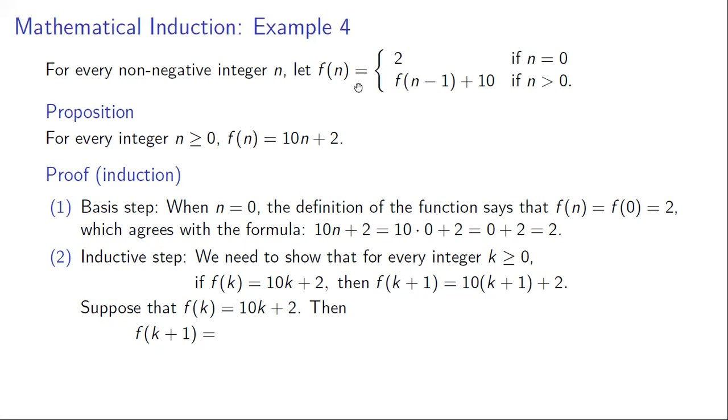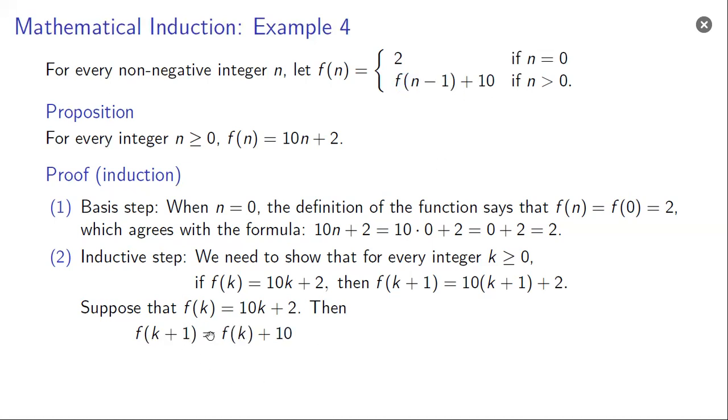What is f of k plus 1 based on the definition of f? So think about it. If we take k plus 1 and plug it in as n, what does the definition of f give me? Well, that would be f of k plus 1 minus 1, in other words f of k, and then plus 10.